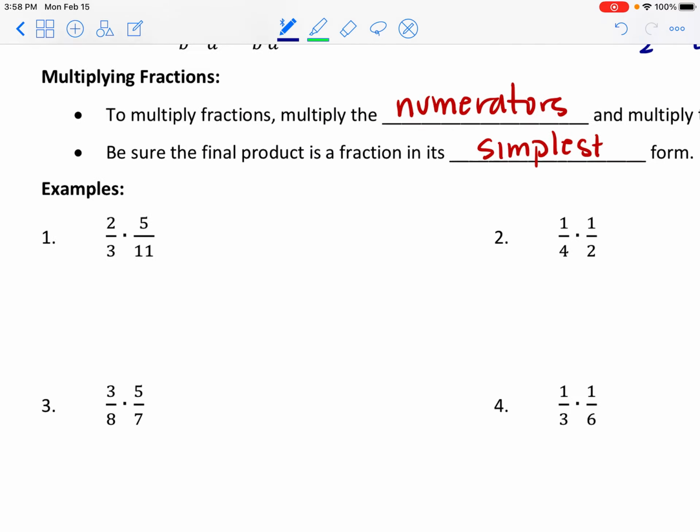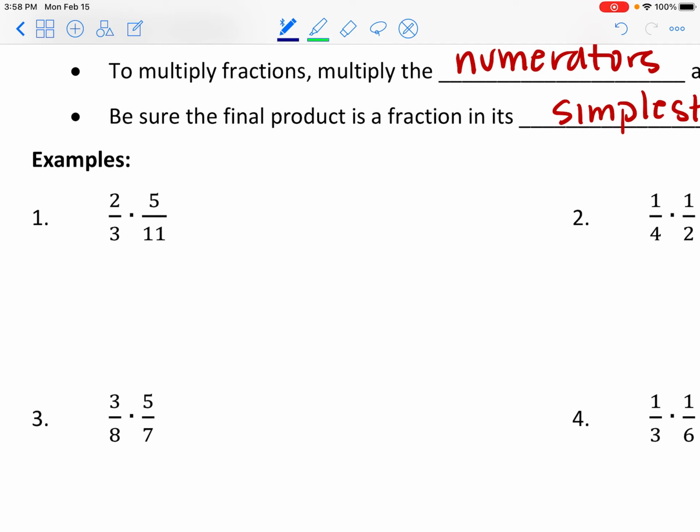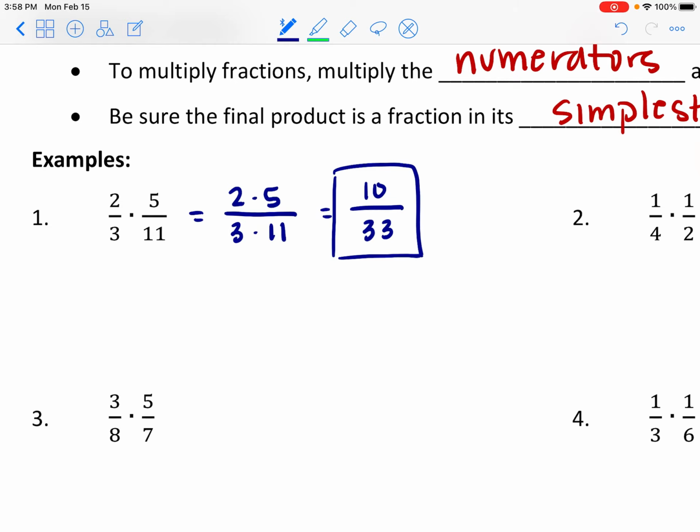So if we were to multiply 2/3 times 5/11, we can get one fraction here by multiplying our numerators, 2 times 5, and multiplying our denominators, 3 times 11. So 2 times 5 in the numerator is going to make 10, and 3 times 11 in the denominator is going to make 33, and those have no common factors, so the product here, the answer here, is 10 over 33.